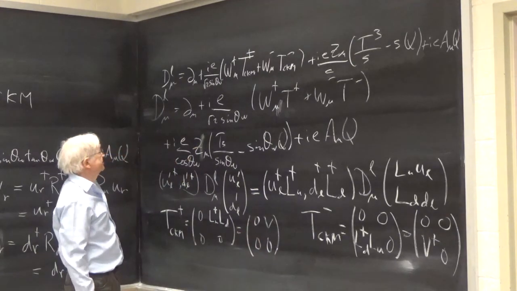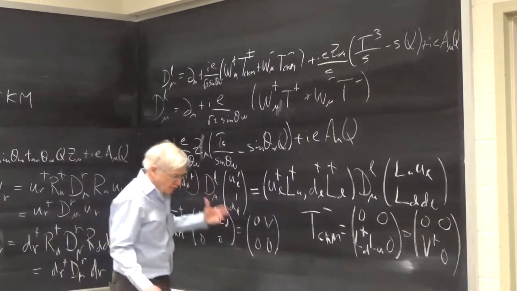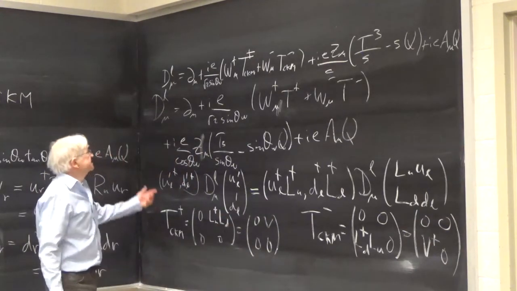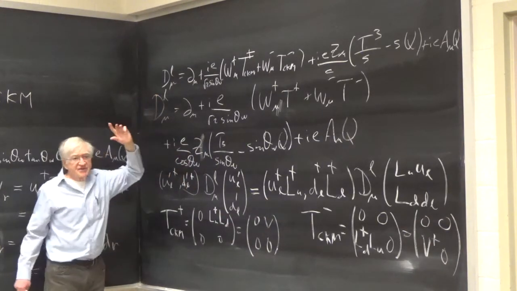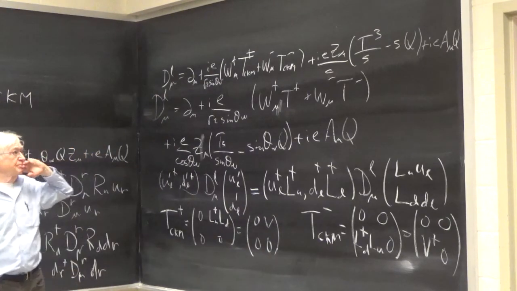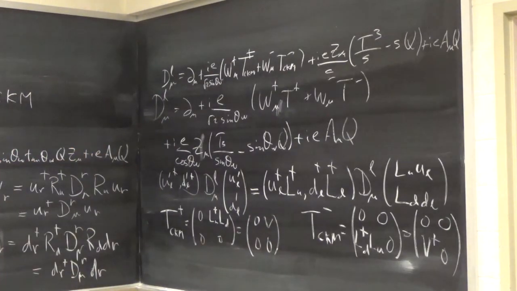And of course, when we're acting on all 3 families, this thing is a 6-dimensional covariant derivative.